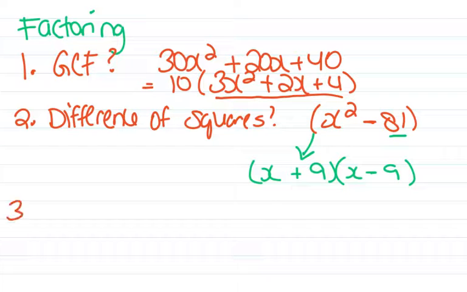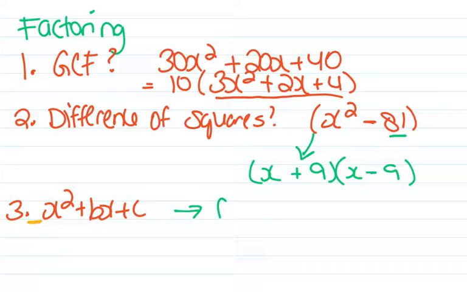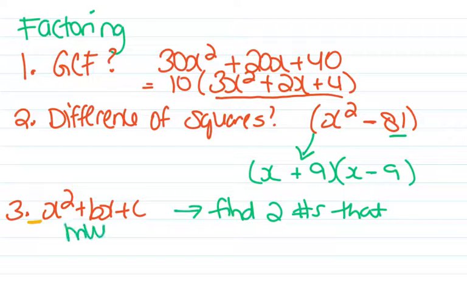The third question or technique is you need to ask, is this a trinomial of the form x squared plus bx plus c? So what this is asking is, is there a number in front of the x squared? If not, then you find 2 numbers that multiply to c and add to b.